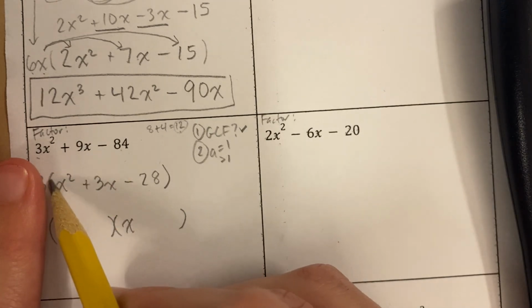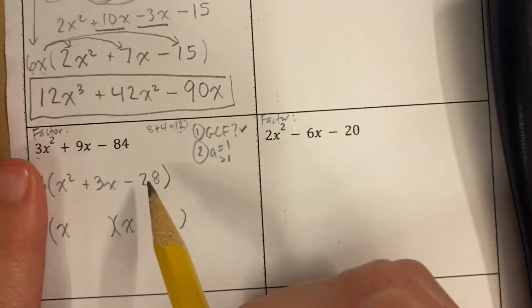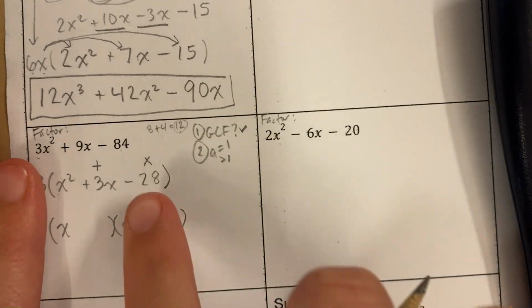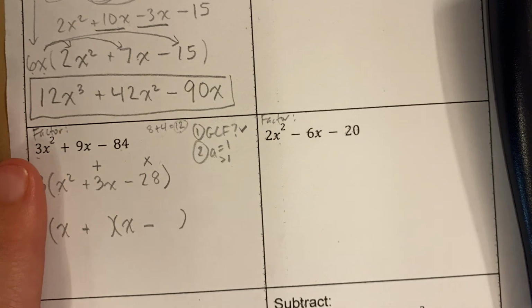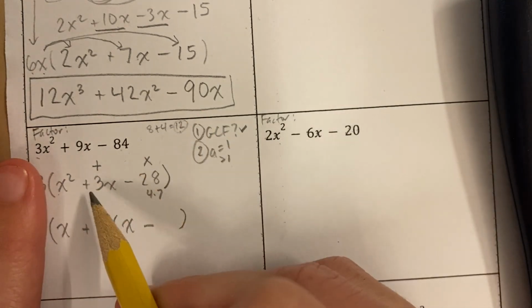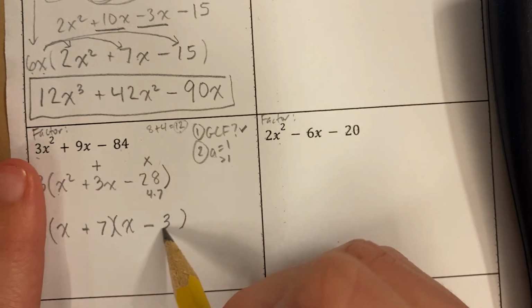How do I know? Because I asked myself, is A 1 or greater than 1? It's just 1, so I'm just looking for two numbers that multiply to this and add to this. If I'm multiplying to a negative, it's going to be 1 positive, 1 negative. Two numbers that multiply to 28 and subtract to 3 are 4 and 7. I want it to add to positive 3, so I'm going to make the larger number positive, so I have more positives than negatives.